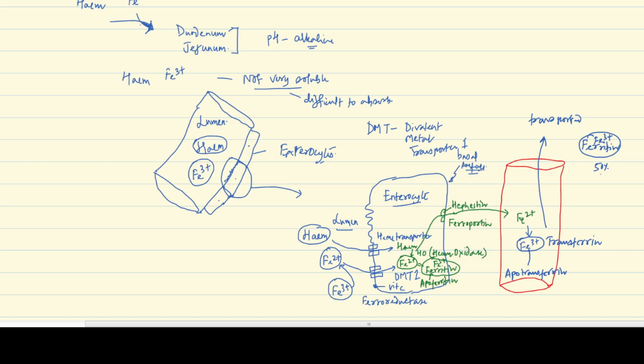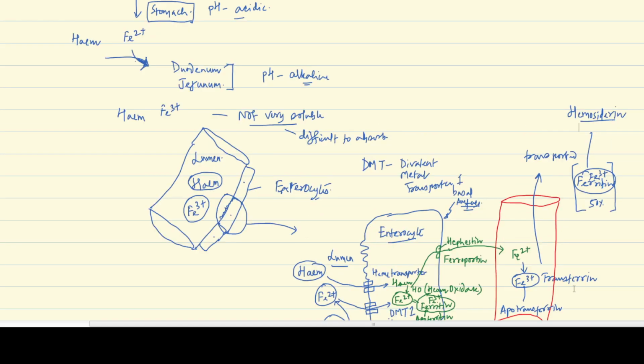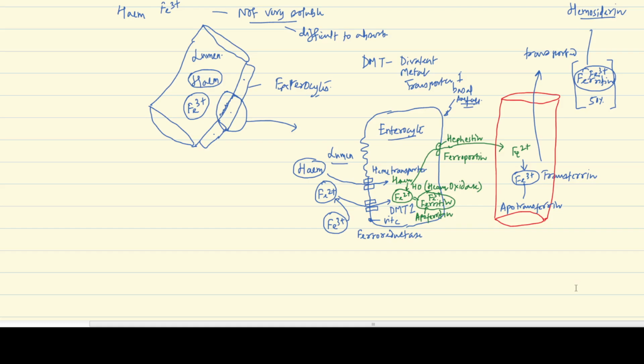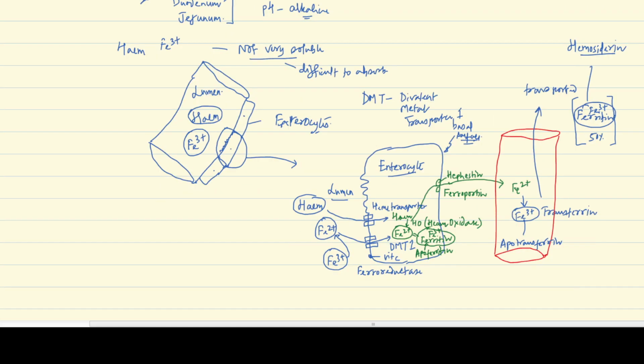When it reaches about 50%, it becomes very concentrated within the lysosomal membrane in certain cells, and that we call hemosiderin. So that combination we call hemosiderin. From this there are lots of take-home points.